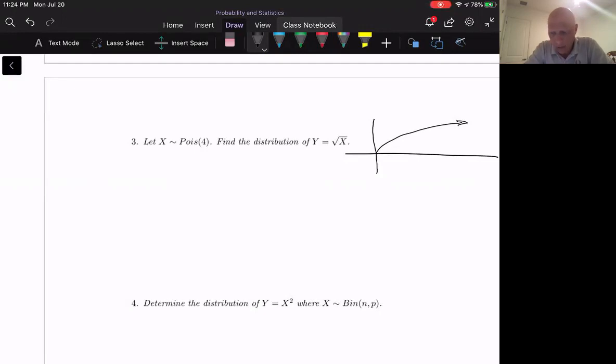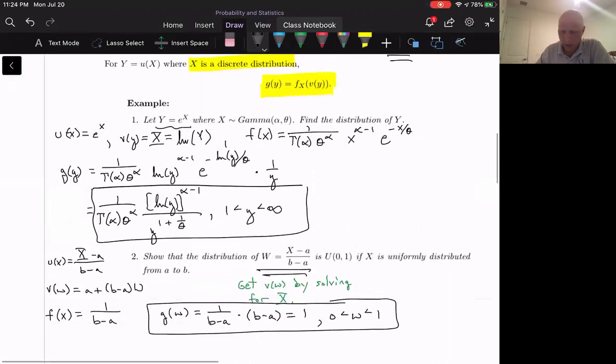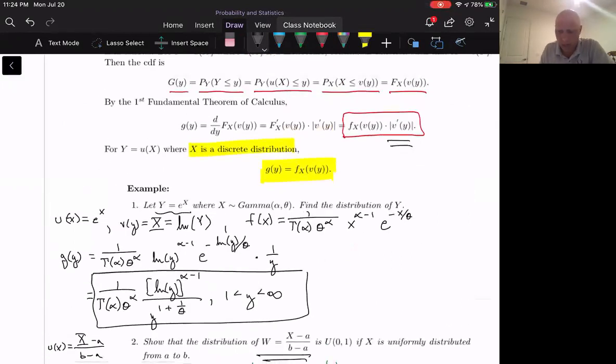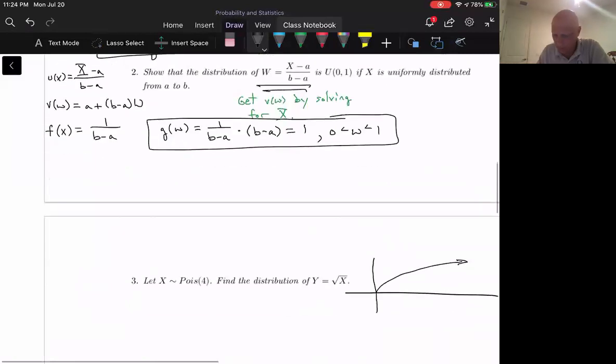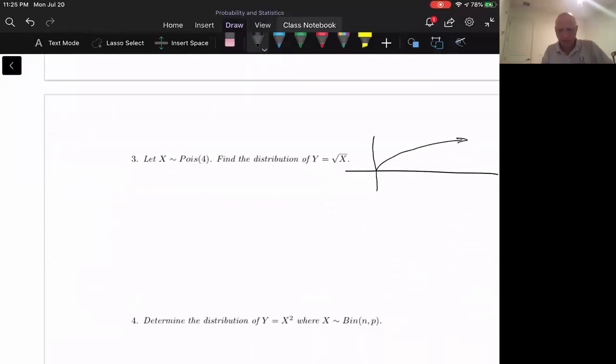So in this one, we have a discrete distribution, which means our shortcut is a little easier than what we've done. There's no derivative to account for. You just need to evaluate at your v of y function. So let's get the information that we know. So we've got that u of x is the square root of x.